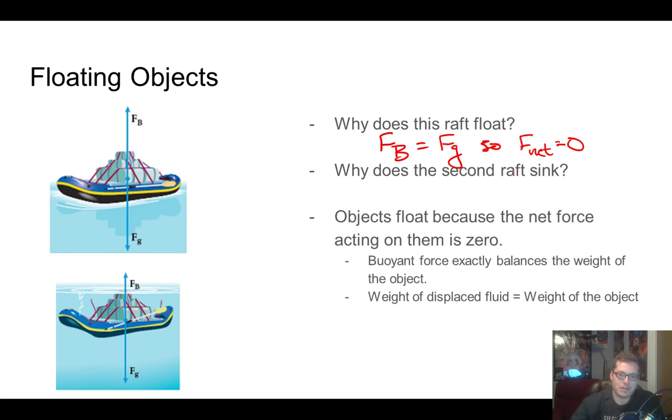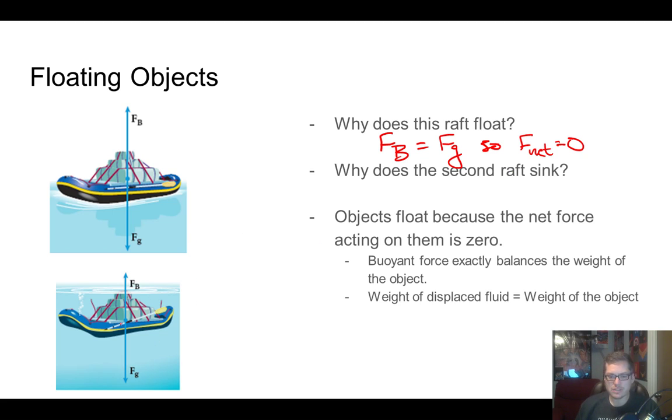You're not going down anymore, and you're also not going up. When you've reached that point where you've let out just enough air that the densities of your body and the liquid are equal to one another, you've reached the point where your net force is equal to 0.